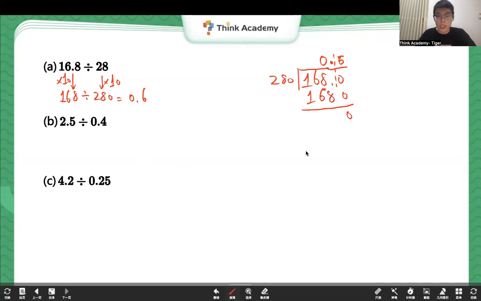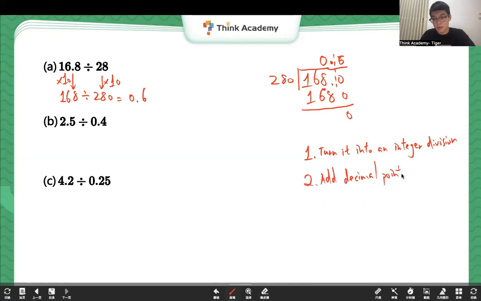Okay, so the first step is to turn it into, or let's not say normal because that is very ambiguous, into an integer division. The second step is for the dividend, add decimal point and zeros after the dividend.